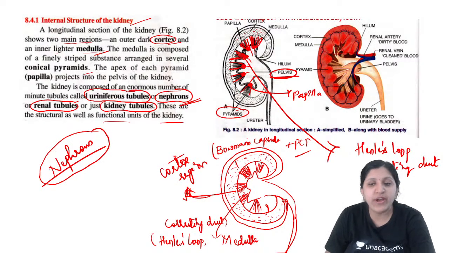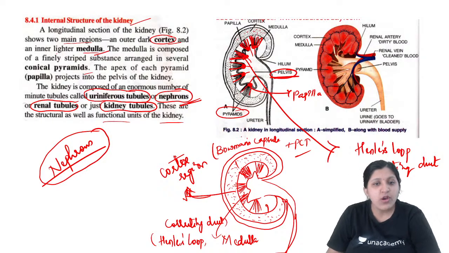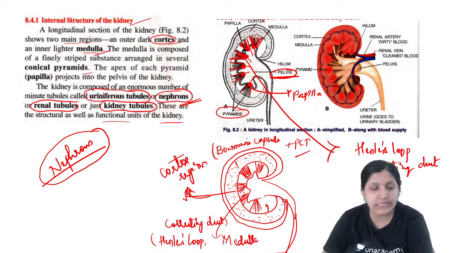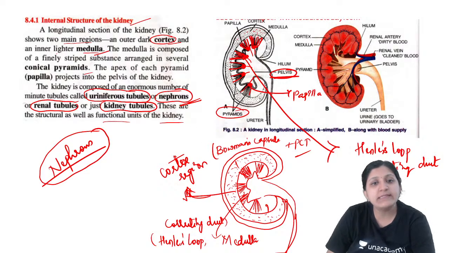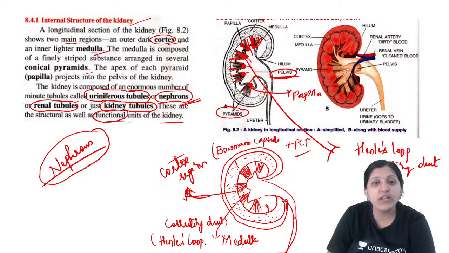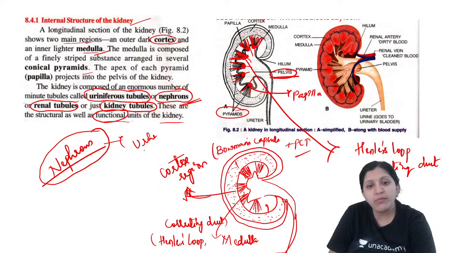These nephrons are again made up of many different cells, but basically the kidney is made up of this functional unit. That was related to the structural unit. Why do we call it a functional unit? That is mainly because it performs the function where urine formation occurs.